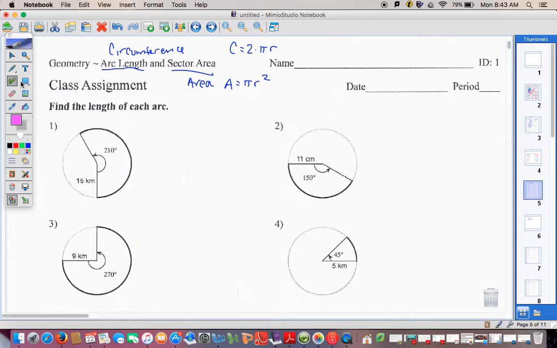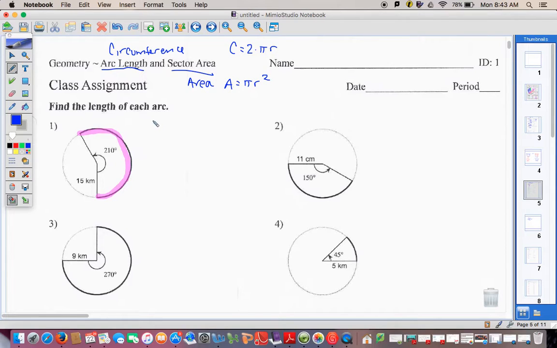Okay, so if we are looking for the arc length of this arc right here, down here, we're not looking for the entire circumference, we're just looking for a part of it, the part that 210 degrees of it makes. And so we're going to be using the circumference formula, but with just a fraction in the front of it.